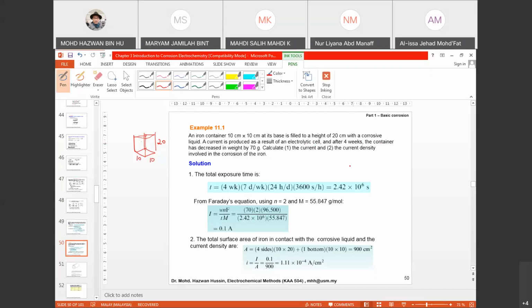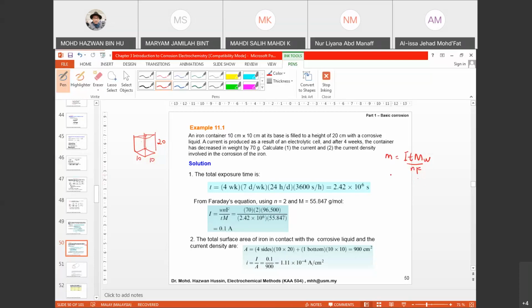So the first question is basically asking about the current. Okay, so you can understand that the formula that relates mass loss with current is mass equals ITMW over NF. This is basically your formula to calculate mass loss.